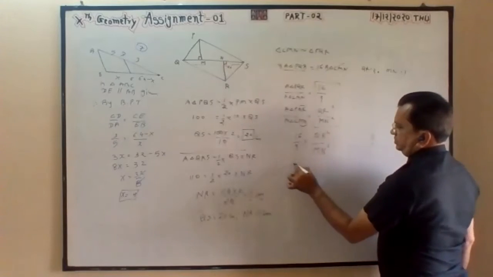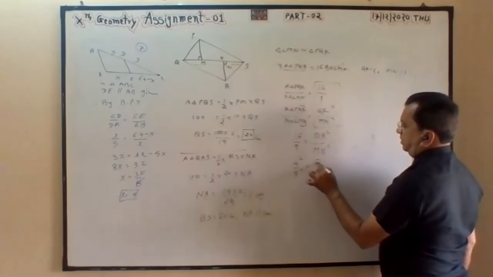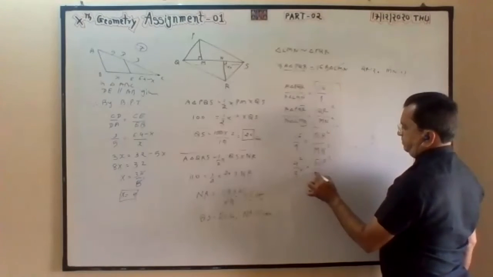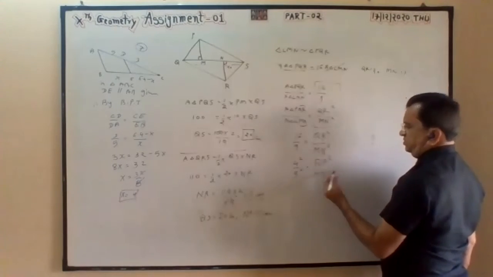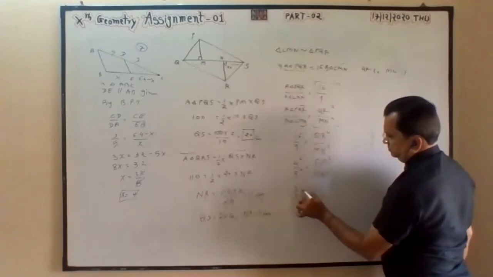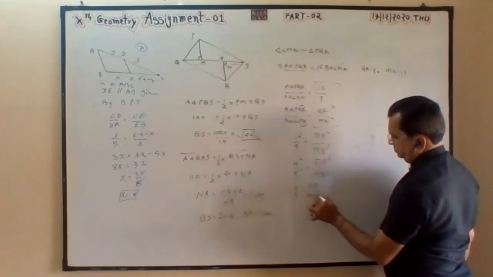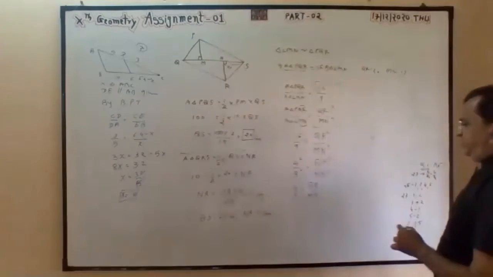Take square of this, 4 square, 3 square, in form of square. So taking square root of all the things. Here it is given 20.